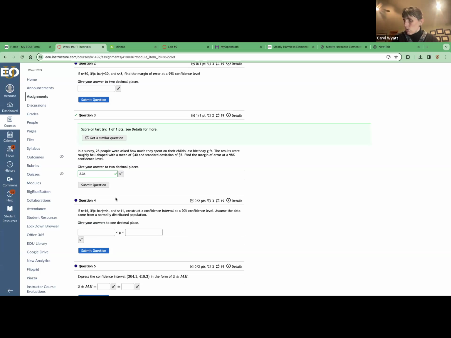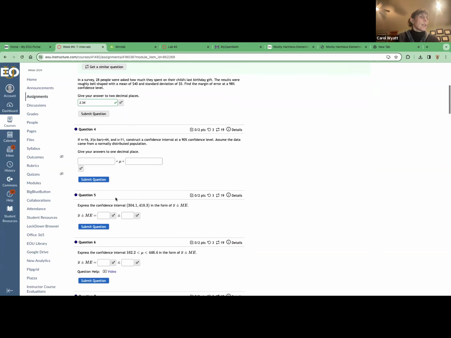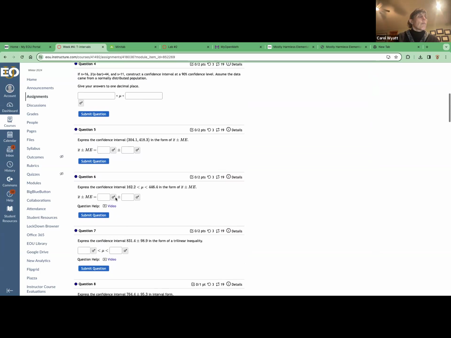That was question 3. Question 5 was the next one that was asked. Okay, so it says express this problem in terms of a mean plus or minus a margin of error. So this is a lower limit and this is an upper limit. The mean has to fall exactly in the middle. So 304.1 plus 418.3, enter, divided by 2, enter.